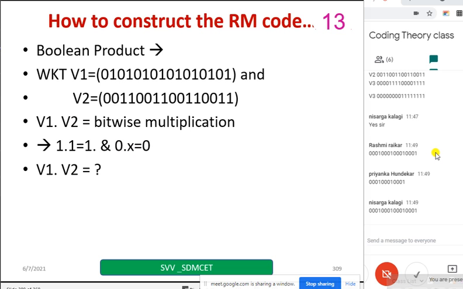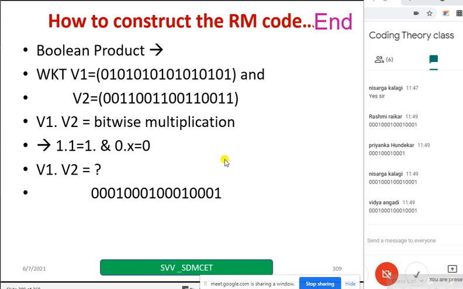Total 16 bits should be there. Nisarga has given the answer. Priyanka, just see the number of bits, how many I have. I think 12 bits. And Nisarga has, I think, 16 bits. All 4 students have given the v1 into v2 multiplication. So good, you and I too got the same answer.